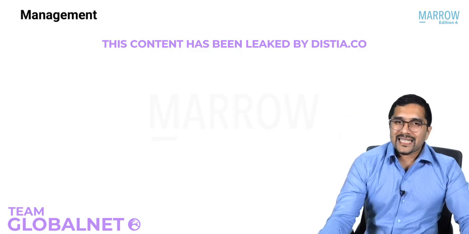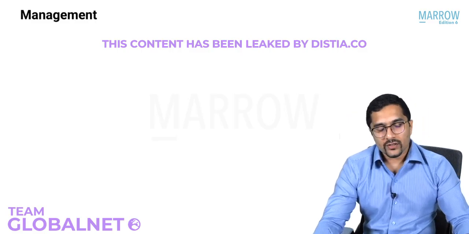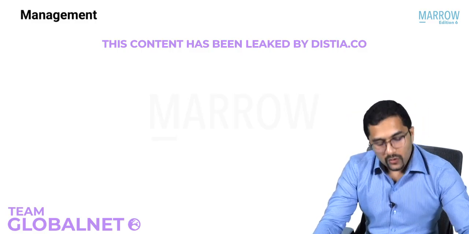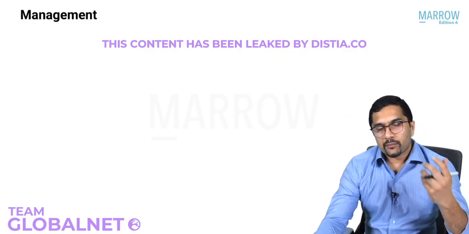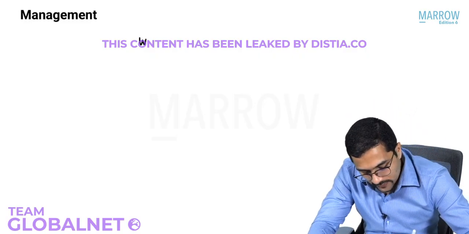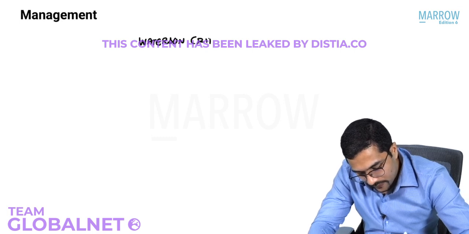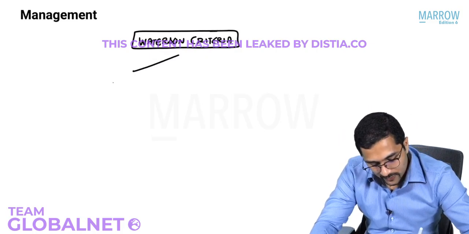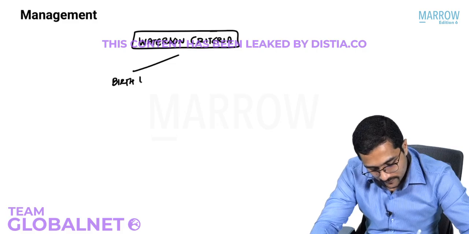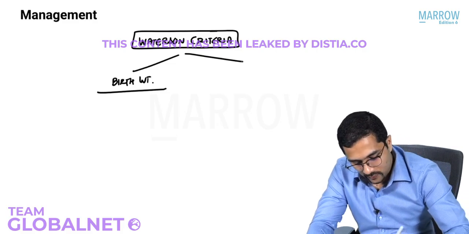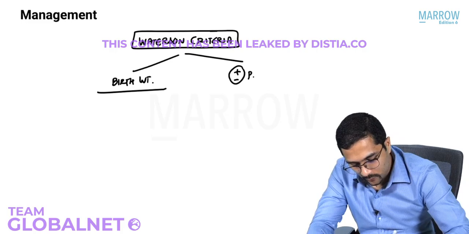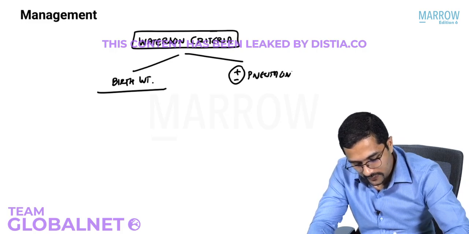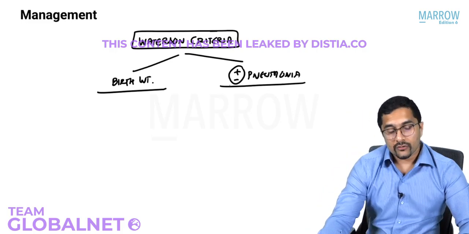Now, how do we manage these children who have tracheoesophageal fistulae? The management and prognosis depends on the Waterston's criteria. The Waterston's criteria for tracheoesophageal fistulae takes into account two things: the birth weight, and the presence or absence of pneumonia in these children.